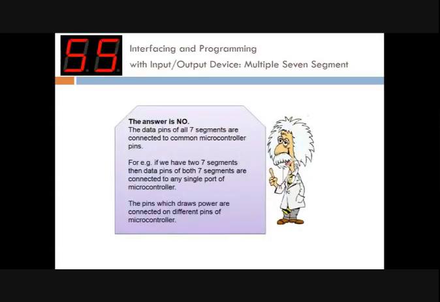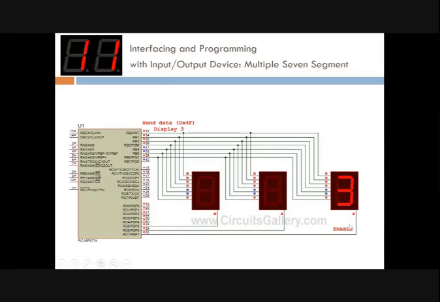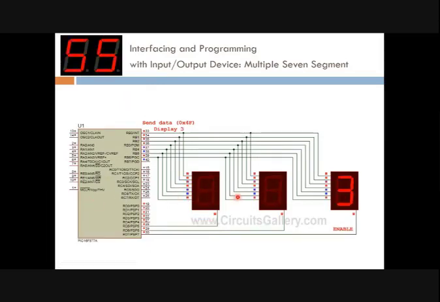So the best option, you can refer to this figure. Right now you are seeing up to 3 7 segments. We want to view them simultaneously, not individually as shown by this animation.